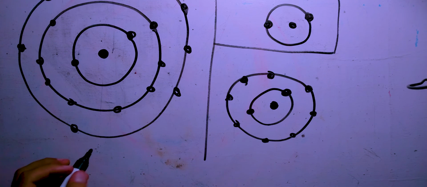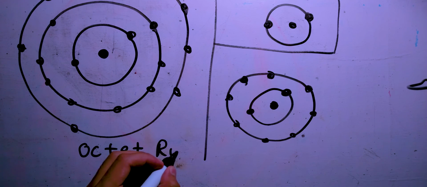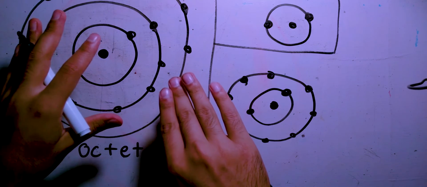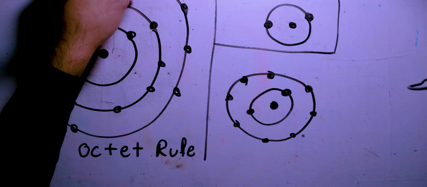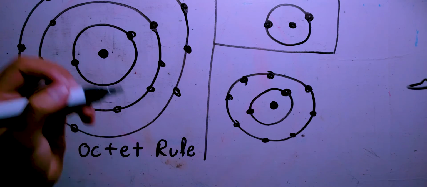So I'll just write the name here, octet, which simply means 8. The octet rule simply states that any element would want to have 8 electrons in its outermost shell, and that would make it much more stable.